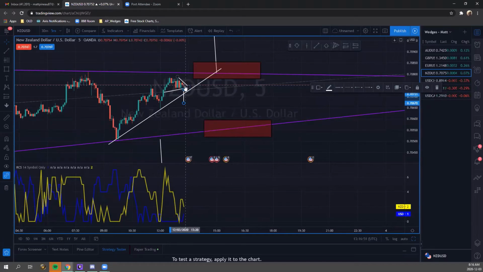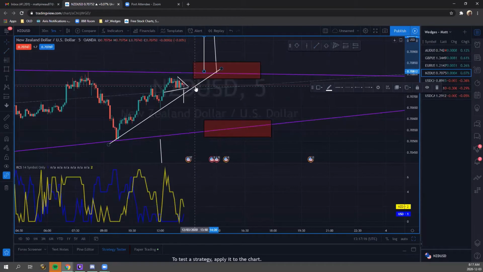From this overall perspective, if we wanted a more conservative target, you could draw a stick here. Now this stick, you could actually put it here if you want, because this is still another valid wedge.